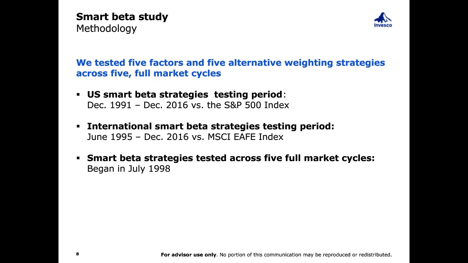For international smart beta strategies, the research spans 21 years, from 1995 to 2016 versus the MSCI EAFE index. We also examined smart beta strategies across 5 market cycles, the first which began in 1998. Our goal in this research was to understand what effect these factors and weighting strategies had on performance.